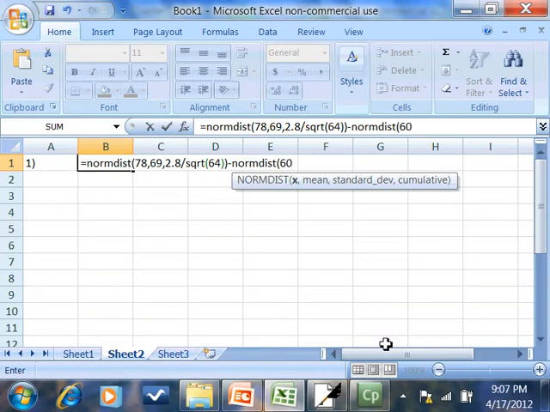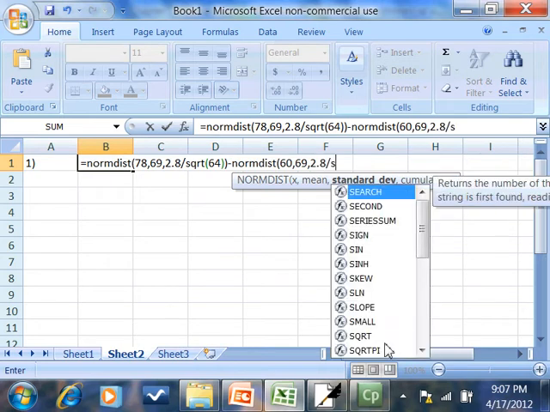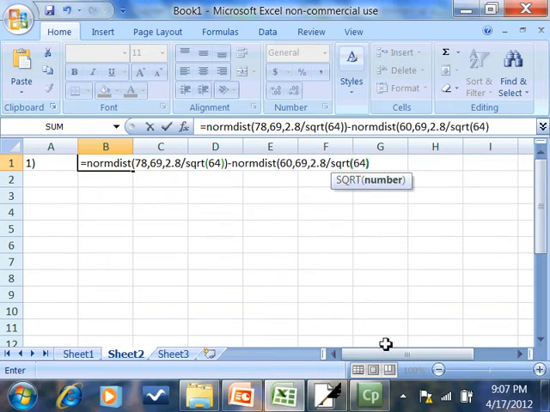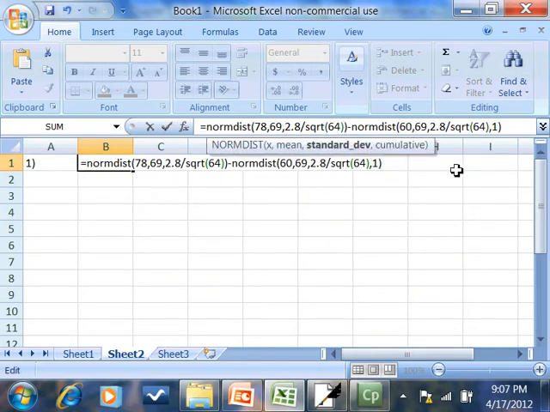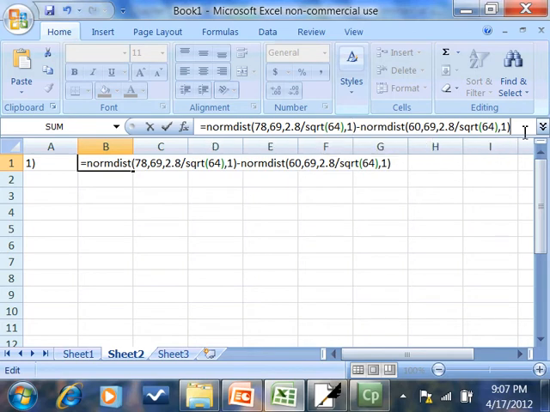Then our mean, and our standard deviation divided by the square root of n. I didn't put a 1 on that first one, did I? This needs a 1 here. There we go. And then press enter.